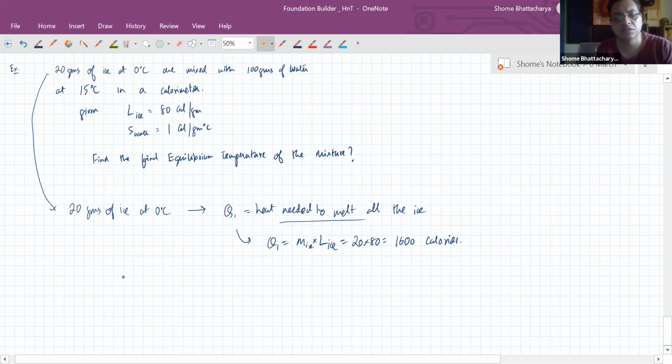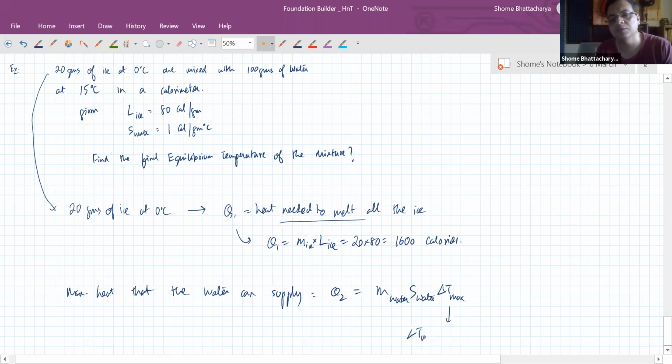Whereas the maximum heat that the water can supply, let's say that it's Q2, that is mass of water into specific heat capacity of water into maximum temperature change that the water can undergo.